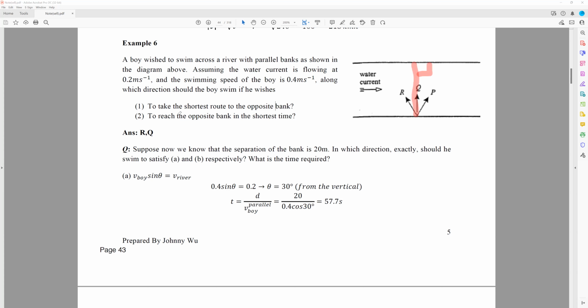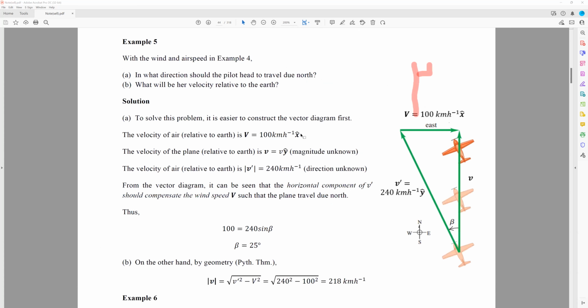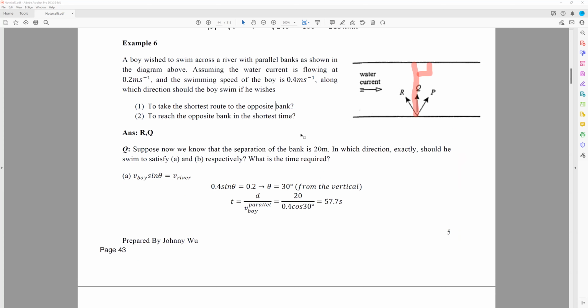So you want to find the time, or along which direction he should swim. And you also have to find the time. In this case, it's quite similar to the previous one, or exactly the same. If you're drawing, 0.4 is the speed of the boy relative to the water. 0.2 is the speed of the water relative to the ground.